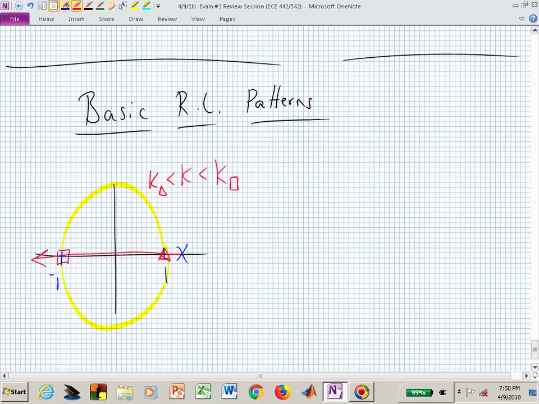This is now the minimum, and you could find that by evaluating the expression for K at z equal to 1. And here is K max, and you would evaluate that when z is equal to minus 1. That's one pattern.